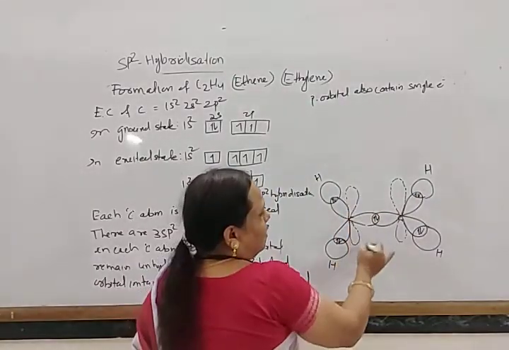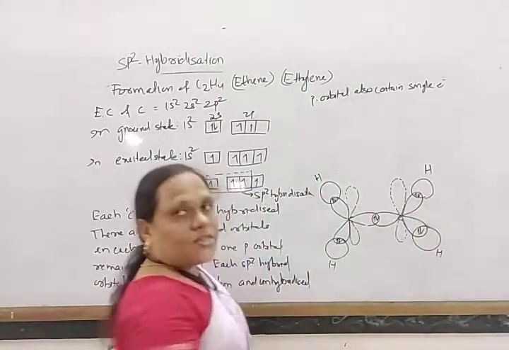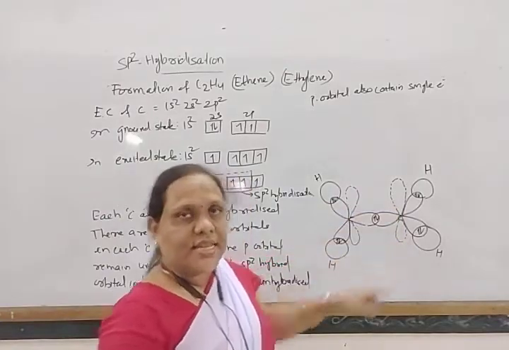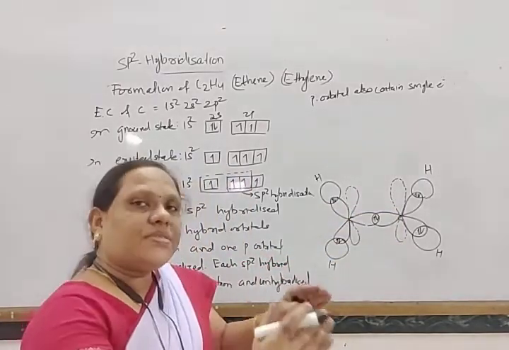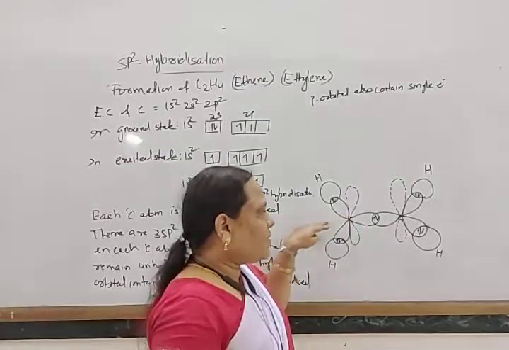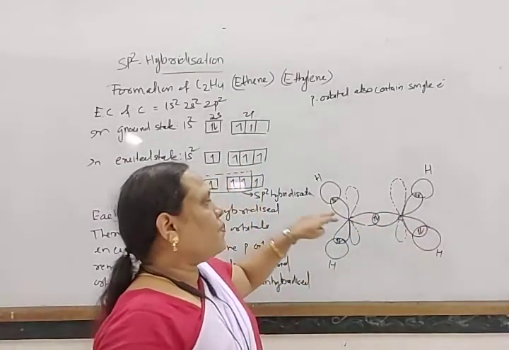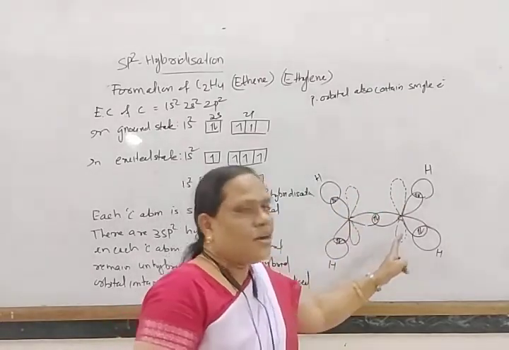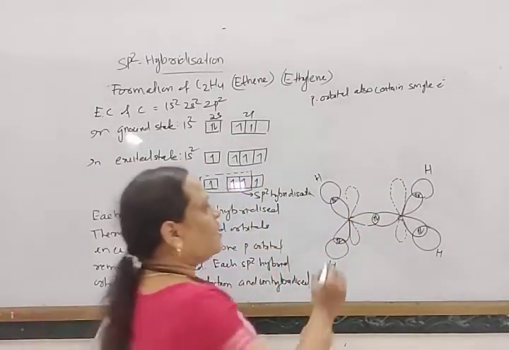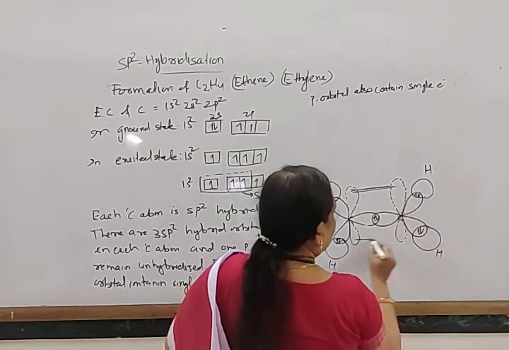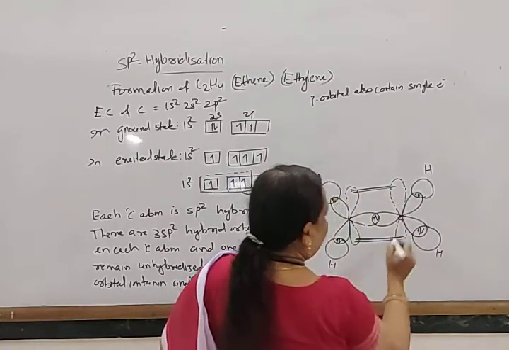Now these are the unhybridized p orbitals, represented in dotted lines. They overlap sidewise, above and below the plane. This is the internuclear axis. Perpendicular to the internuclear axis, they overlap here and here to form a pi bond, with overlapping of the upper lobe and lower lobe.